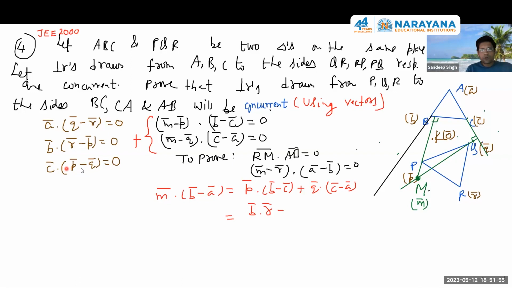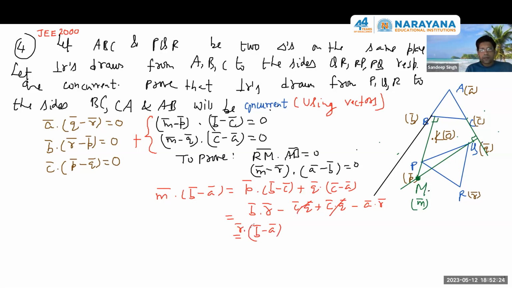So minus C dot Q, and write this as plus C dot Q minus A dot Q. What is A dot Q? A dot R. So minus A dot R. These 2 will get cancelled. What comes common? R dot (B minus A).